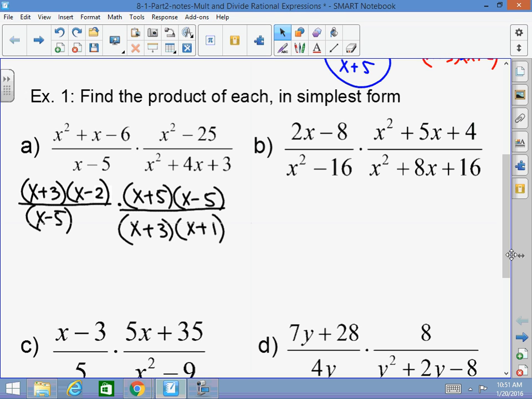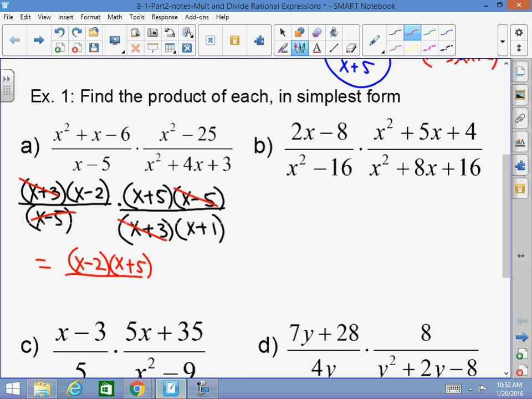Once you factor, now it's just a bunch of canceling. Bing, bang, boom. Done. Now I've got x minus 2 times x plus 5 over x plus 1. I'm done. And that's it.